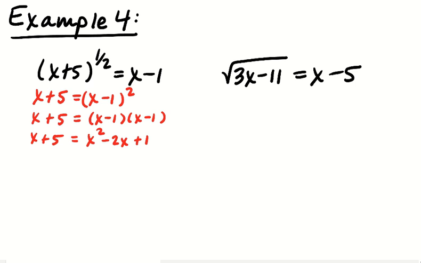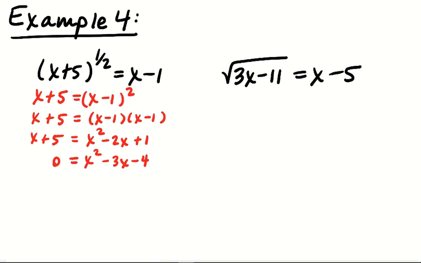Then I'm going to subtract x and I'm going to subtract 5, because I know that if I want to solve this second degree polynomial, I need to set it equal to 0. Okay, minus 2x minus another x, minus 1, or plus 1 minus 5 would be minus 4. And then what do you know?